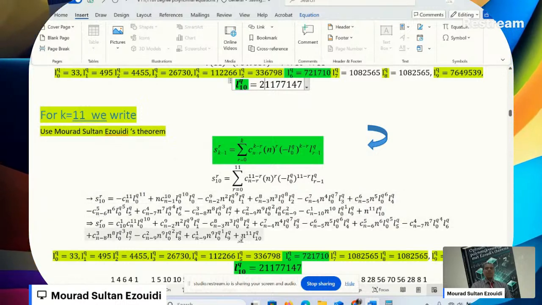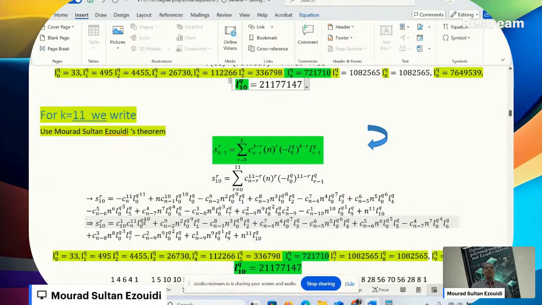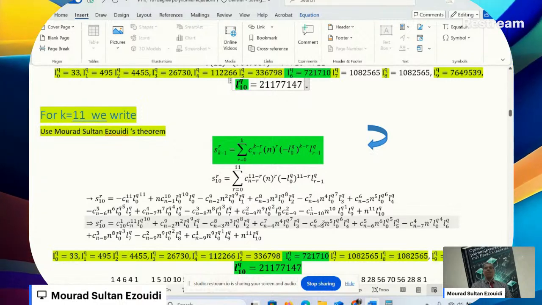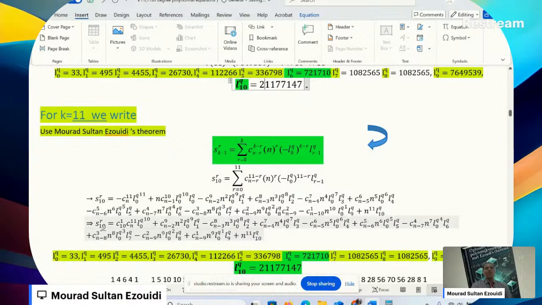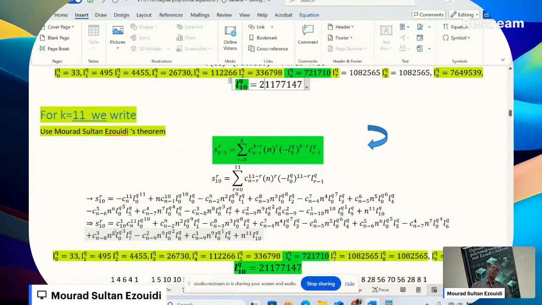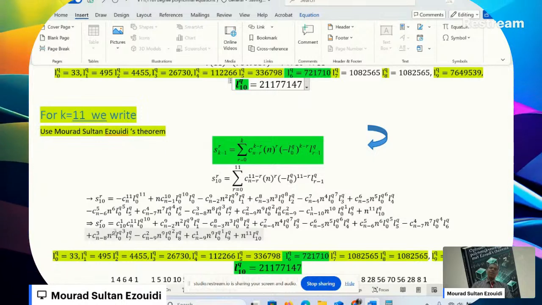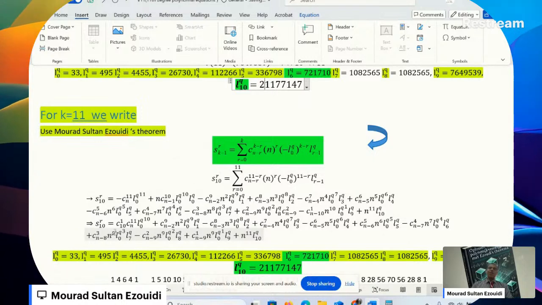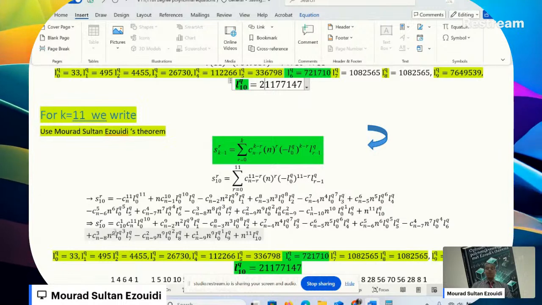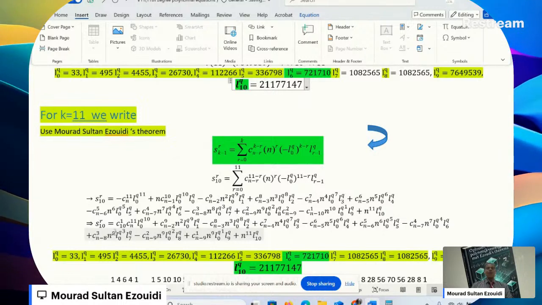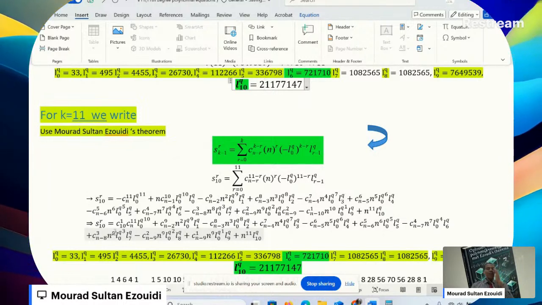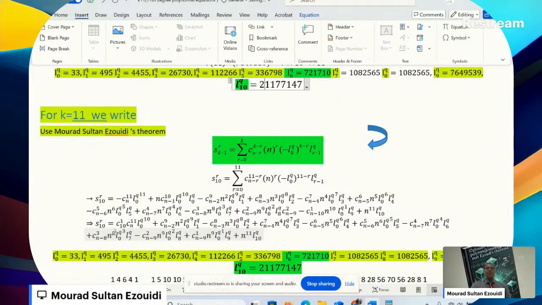This formula S10 is the general formula for any degree equation. If you are working with 16th degree or 20th degree or 100th degree or 101st degree equation, S10 will give you the 11th coefficient of your n degree equation.